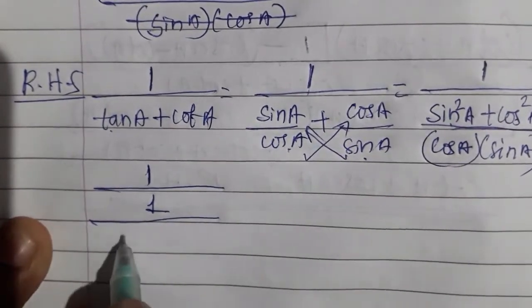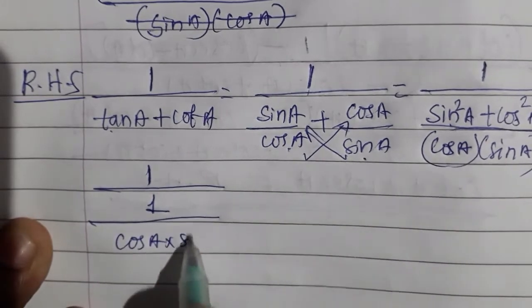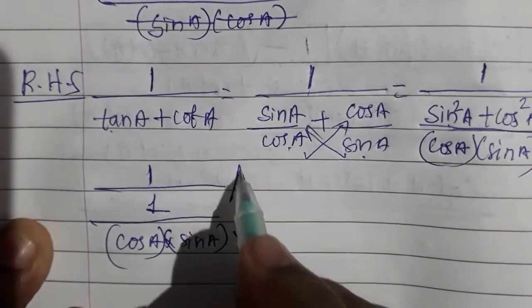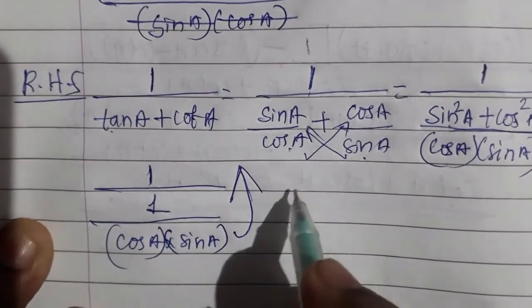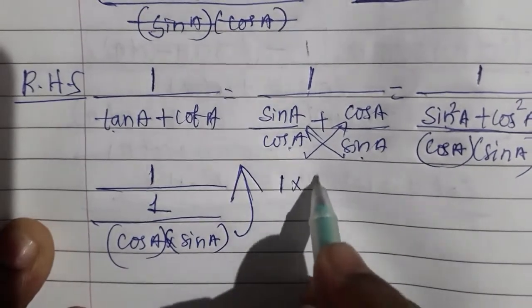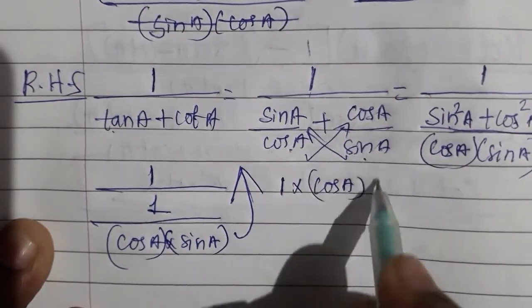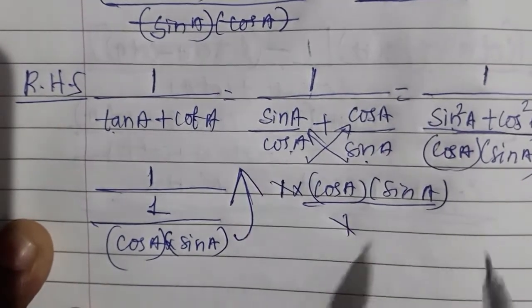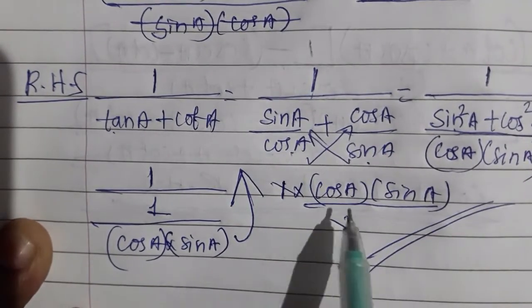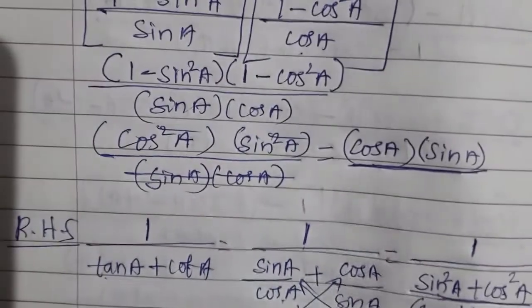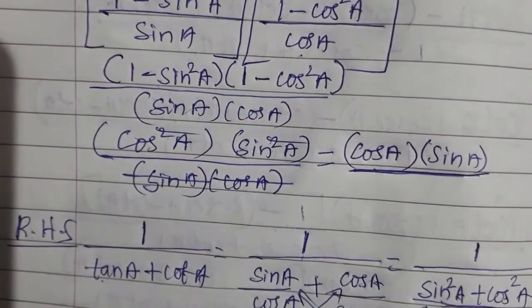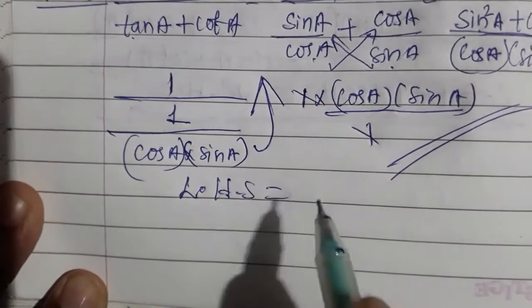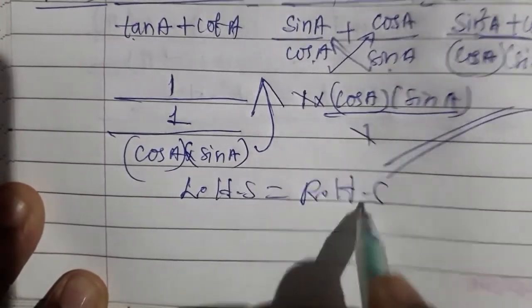Cos A into sin A. Now take the reciprocal. When you take the reciprocal, this will become 1 into cos A into sin A divided by 1. 1 and 1 will cancel. So what is remaining on the RHS? Cos A into sin A. What was on the LHS? Cos A into sin A. So therefore, we have proved that LHS is equal to RHS.